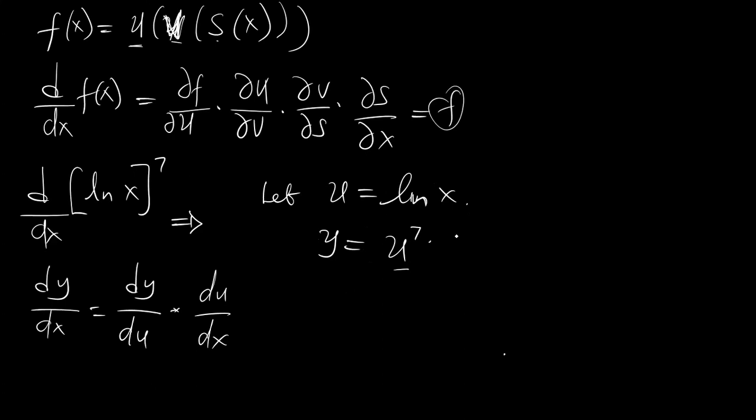Now to do the derivative of u with respect to x, you have ln x. The derivative of ln x will give you 1 over x.